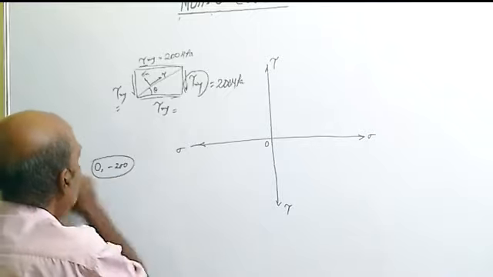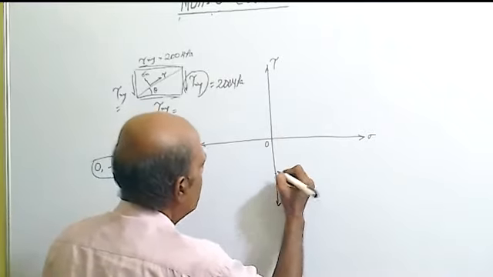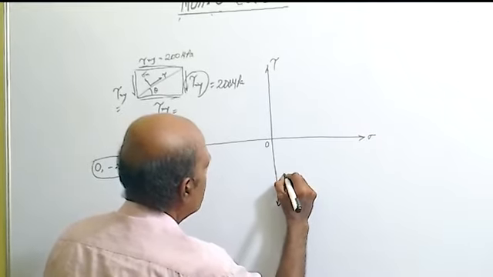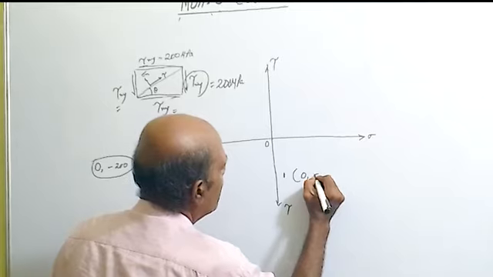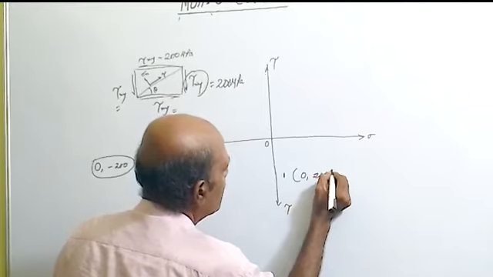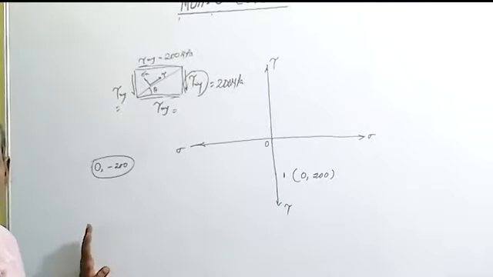So if we plot this, by some scale it is minus 200. So this is the first point we have plotted, that is (0, minus 200). Go to y phase.